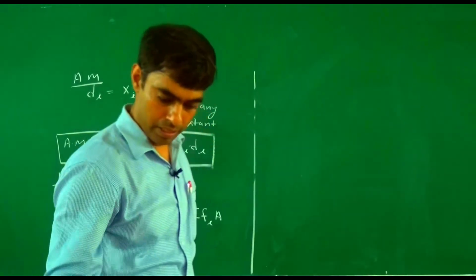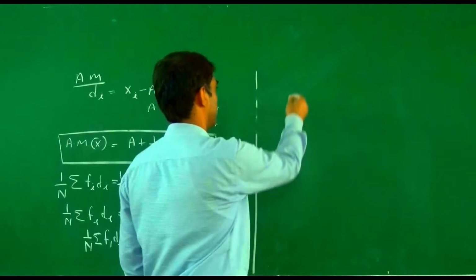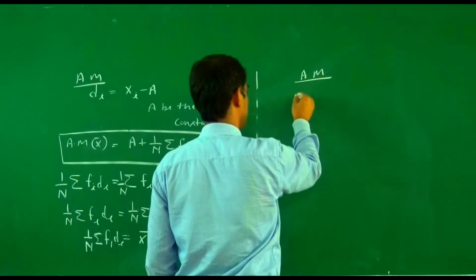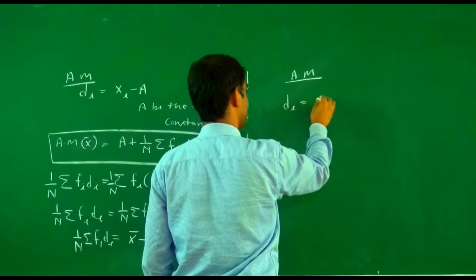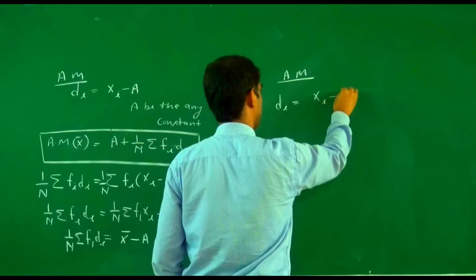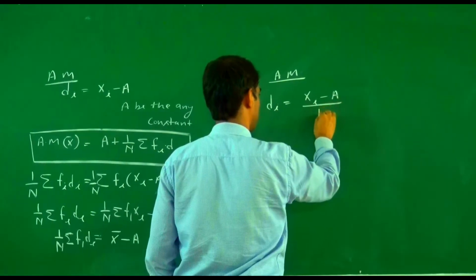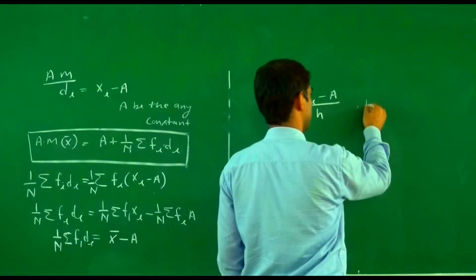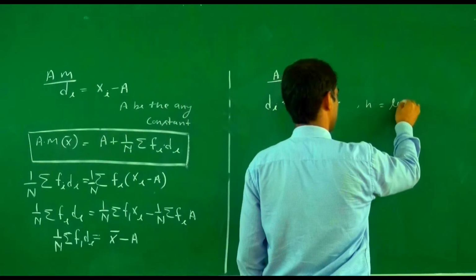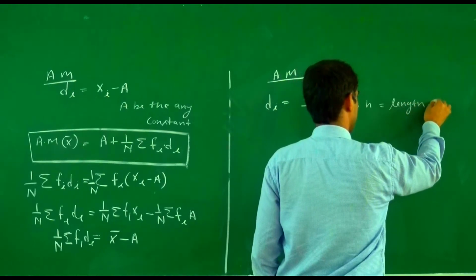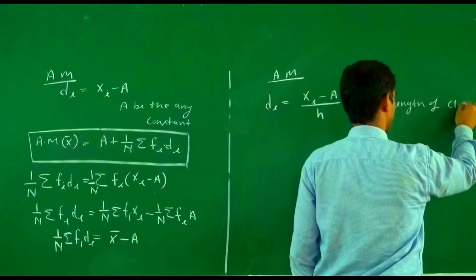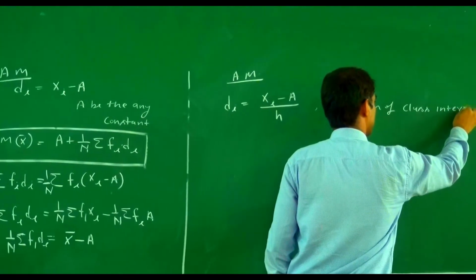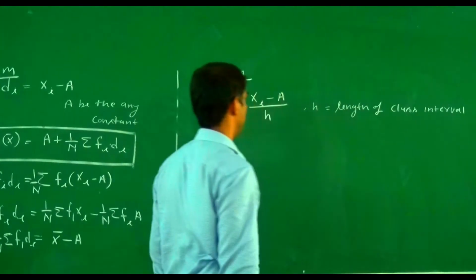So if di equals xi minus a upon h, where h is the length of a class interval.